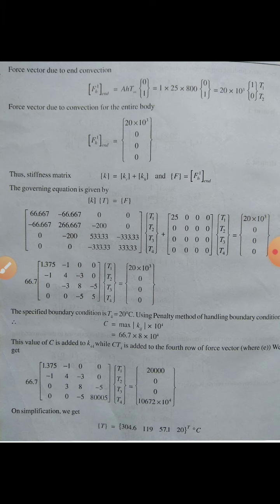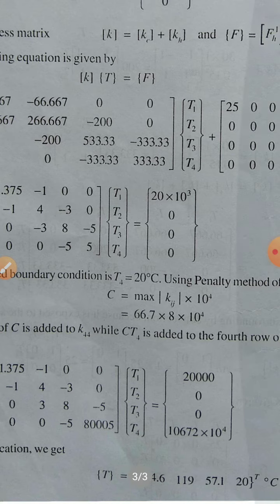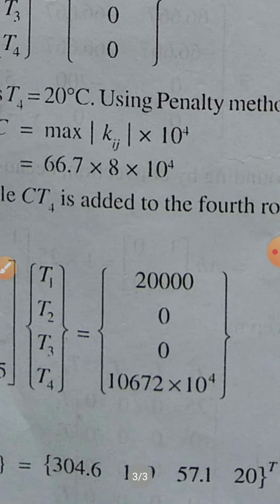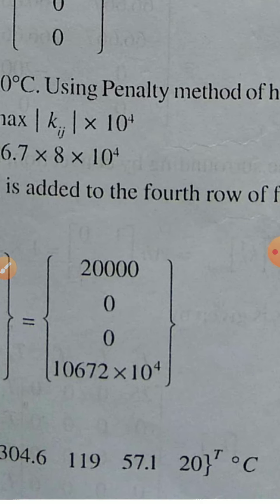This is the global stiffness matrix, and the temperature vector T1, T2, T3, T4 are the nodal temperatures, equal to the force vector 20,000, 0, 0, and in the fourth position 10,672 into 10 to the power 4. On simplification we get the intermediate temperatures: T1 is 304.6, T2 is 119, T3 is 57.1, and T4 is 20.